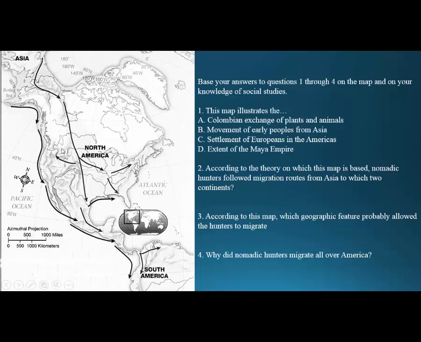Why did they migrate all over North America and South America? Why didn't they just stay in one place the way we stay in one place? You know, Spencerport. Write the answer on your note sheet in a complete sentence or sentences. Press pause to get that done, and press play to continue on.